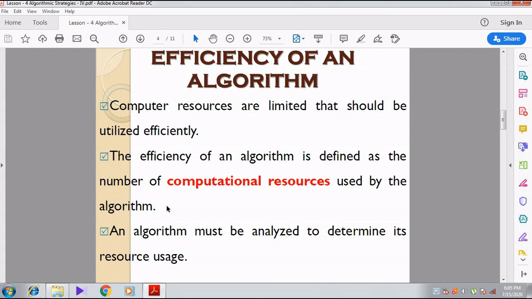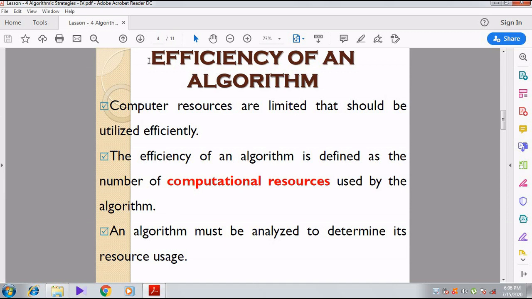Now we are going to discuss how to determine the efficiency of an algorithm. How can we find out the efficiency of an algorithm in an easier manner? Is there any technique available for finding it out?